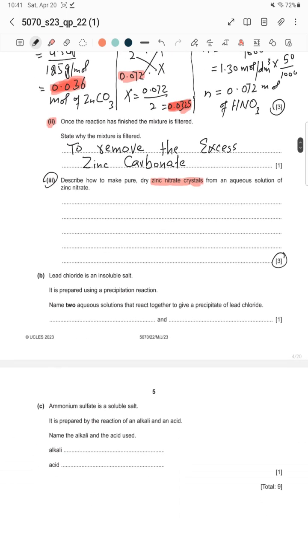So how we will write the method here? Firstly, we will write add excess of zinc carbonate in nitric acid, HNO3 solution.